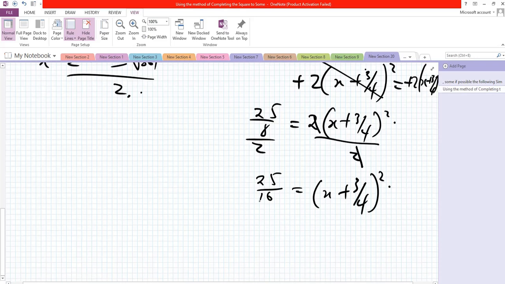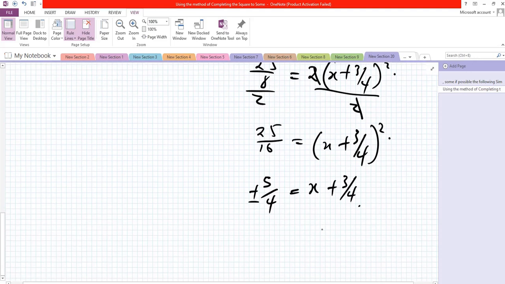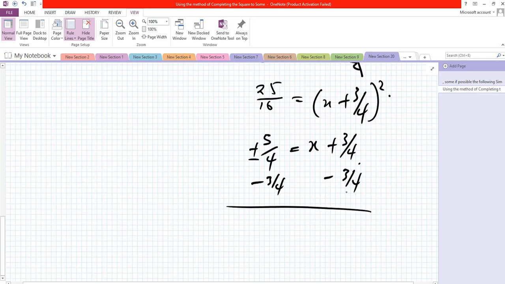Now taking the square root of both sides, you have this as 5 over 4 plus or minus x plus 3 over 4. So adding minus 3 over 4 to this side, this will cancel this.